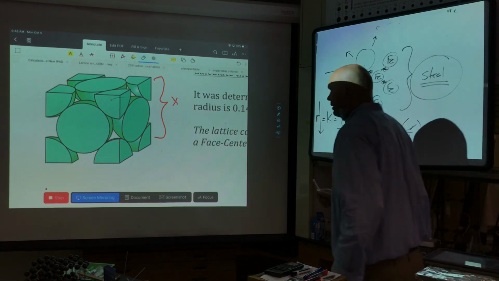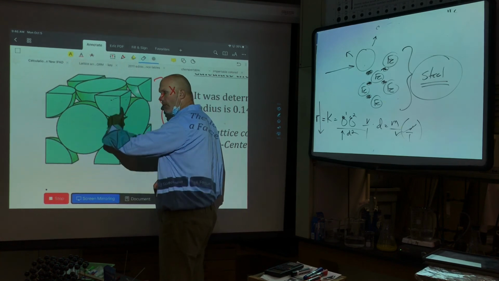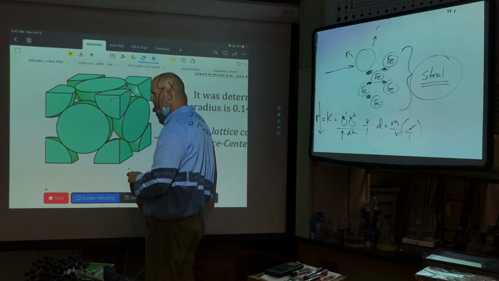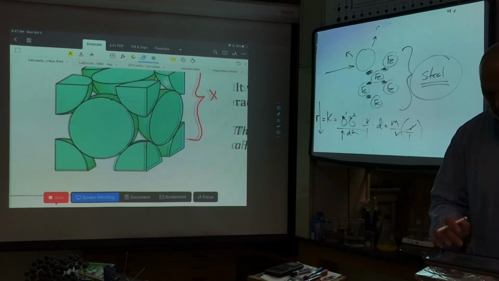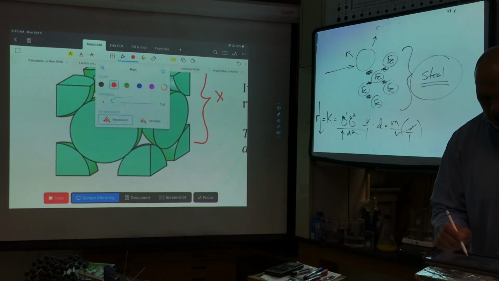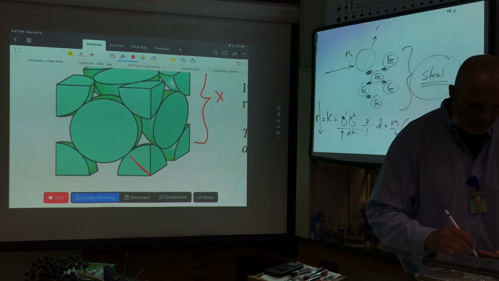Now, there's something really fun about the face-centered. To get the lattice constant, you can't really use the atomic radii here because there's a gap. But where is there not a gap between atoms in face-centered? Right across the hypotenuse. Here's a radius, here's a radius.